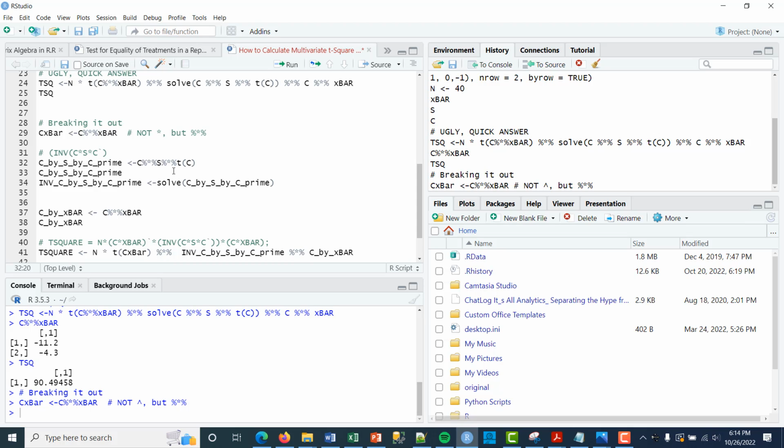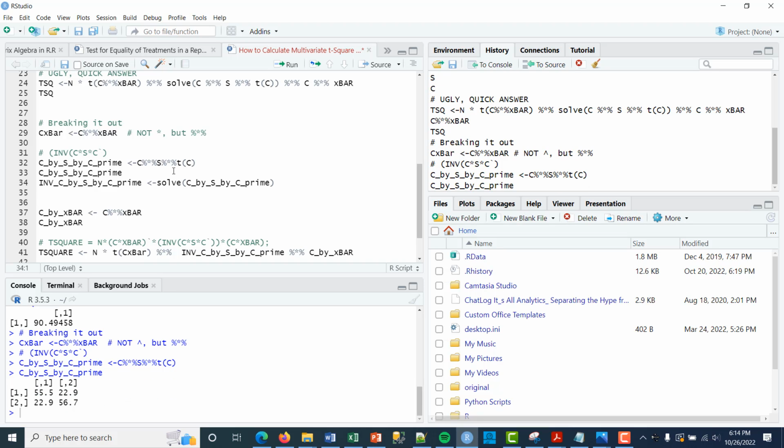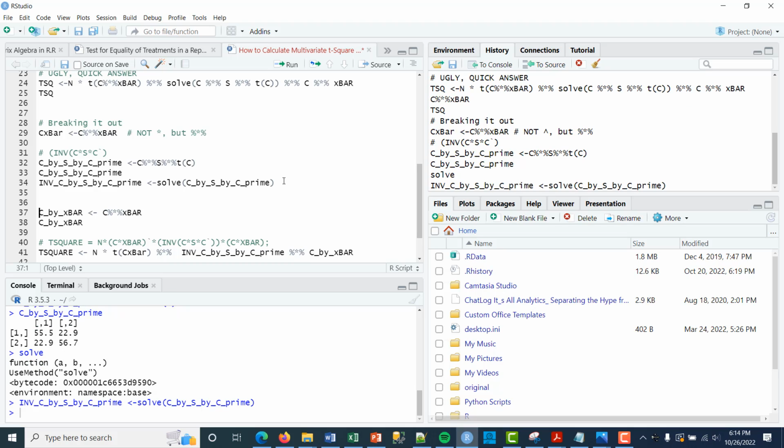So the inverse here, and I'm just taking that, and let's see whether it calculated. It did. And now I'm going to take the inverse of that thing with this solve function. And that's what I get there.